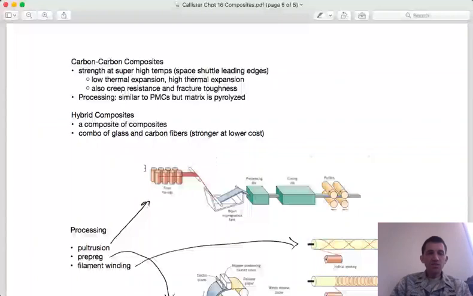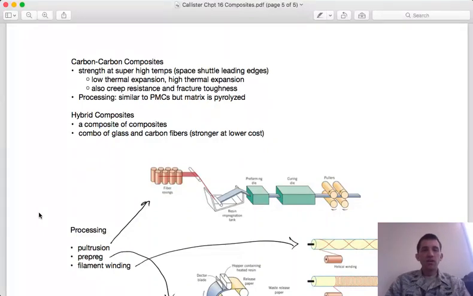The last two examples of composites: we have carbon-carbon composites. If you've not heard of them, these are meant for high-temperature environments, generally, where you need strength at high temperatures. They were used on the space shuttle for the leading edges. And they have... that doesn't make sense.